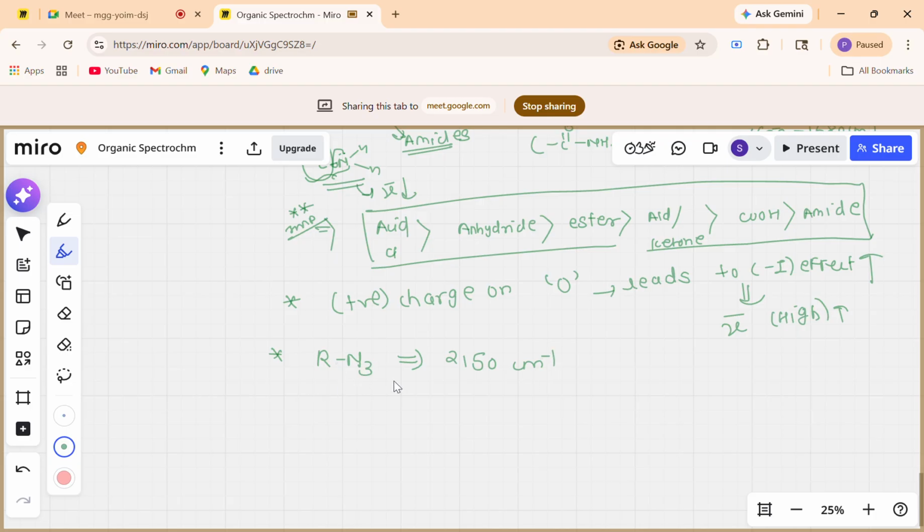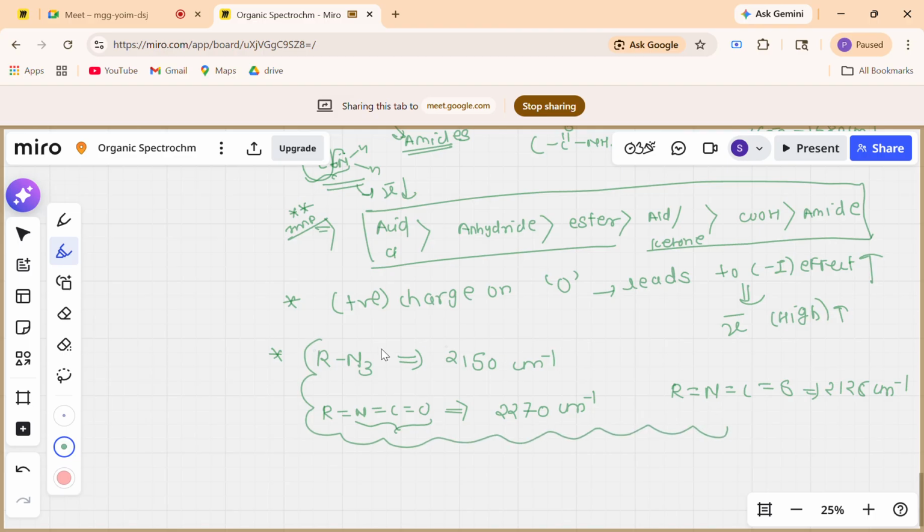And these values, very few times the question comes from this, but if you are able to remember, just remember that if there is an R-N≡C group, then the corresponding stretching frequency will come in the region of 2150 centimeter inverse. If there is a ketene-like structure, but we replaced carbon with nitrogen here, then the value will come around 2270 centimeter inverse.